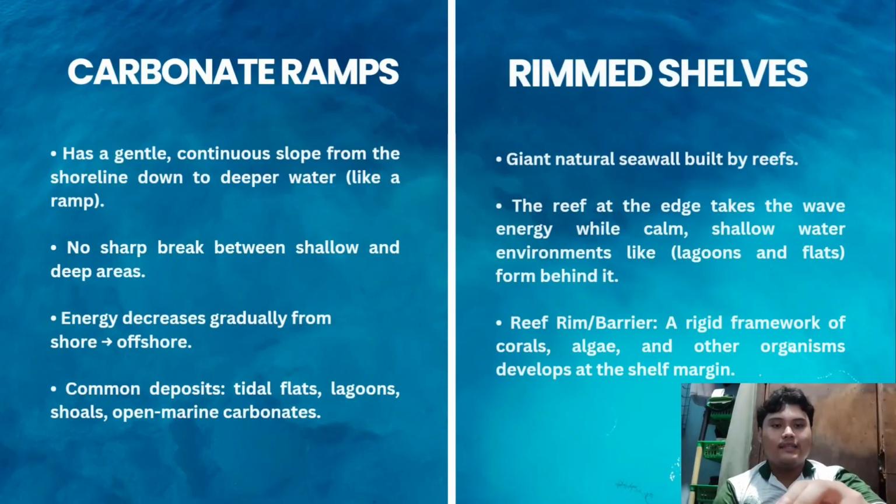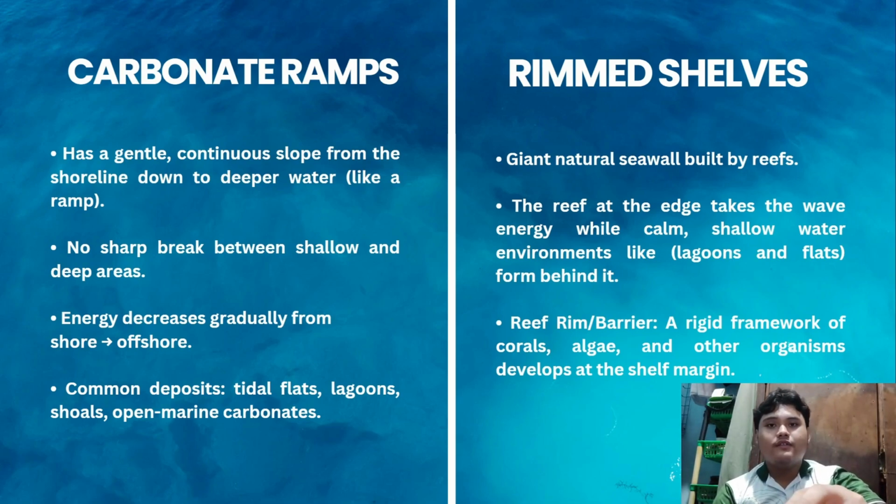On this slide, we have the carbonate ramps and rim shelves. A carbonate ramp is a gentle, continuous slope from the shoreline down to the deeper water, and it looks and behaves like a ramp. It has no sharp breaks between shallow water and deep areas.